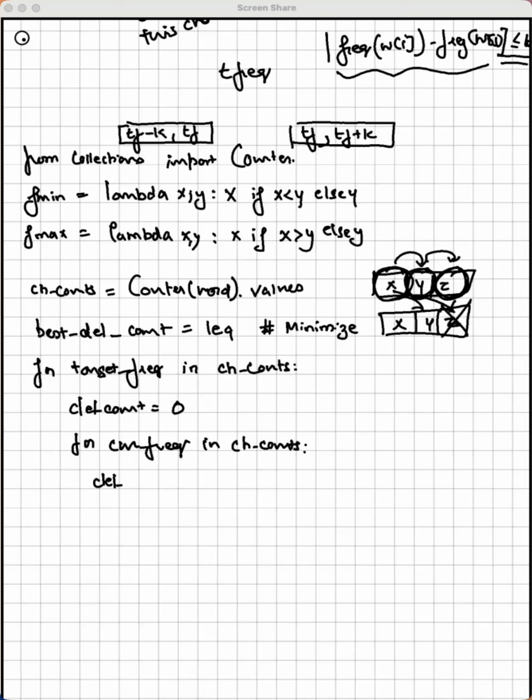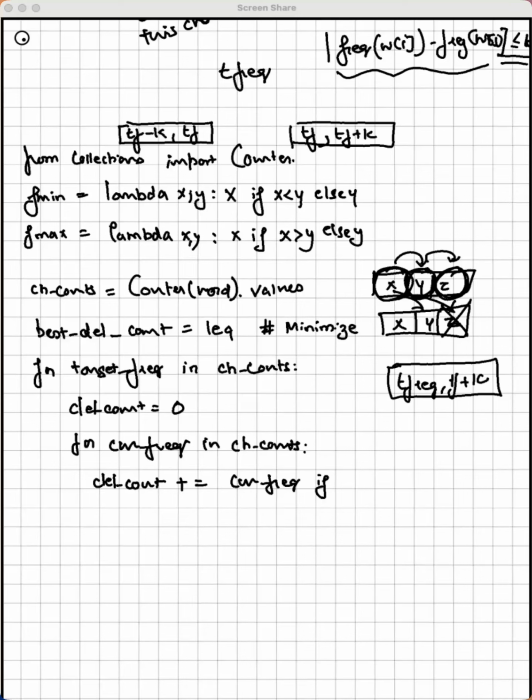Now what you're going to say is the del count is equal to curr frequency if curr frequency is lesser than my target frequency. Remember, we said we are taking the range of t frequency to tf plus k.